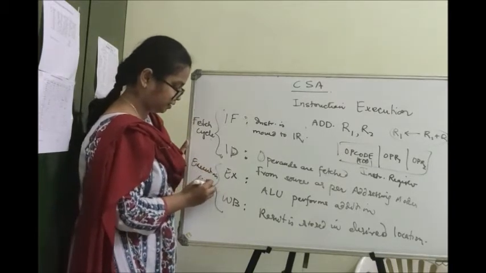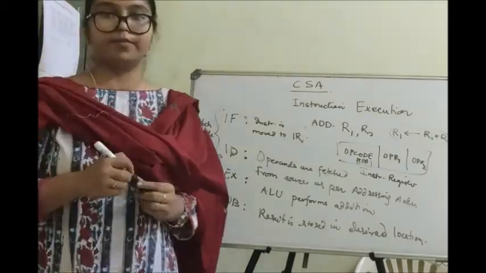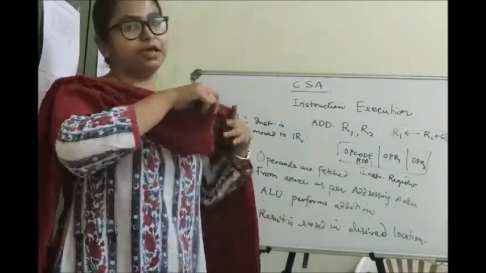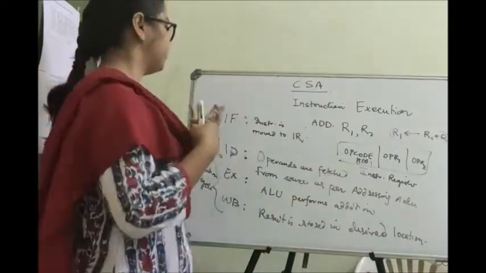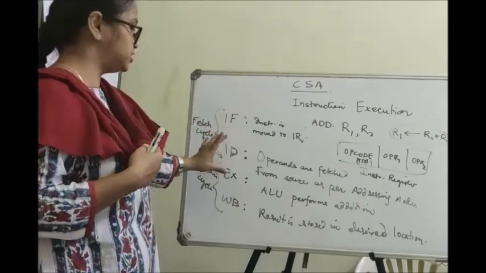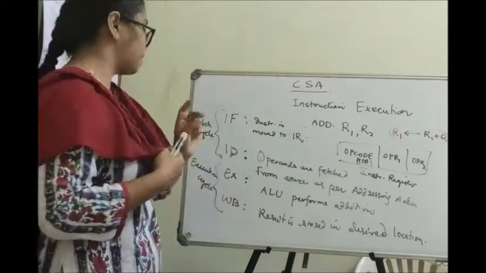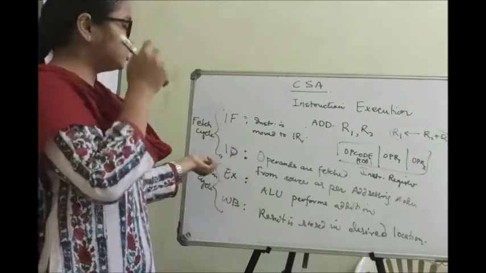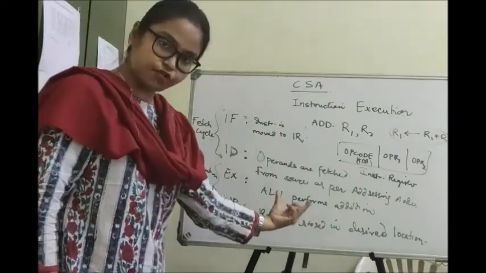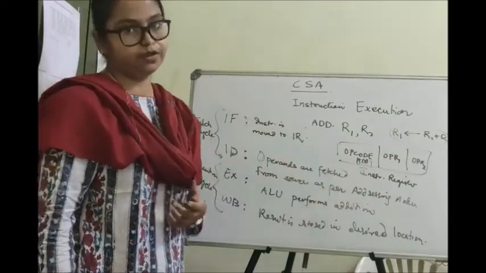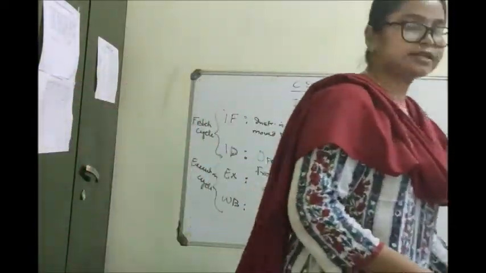This is important to remember. The entire execution consists of two major cycles. First is the fetch cycle, which consists of instruction fetching and instruction decoding. The second is called the execution cycle, in which we perform the execution of the operation. After that, we have to store the result at the desired place. I hope it is clear to you.